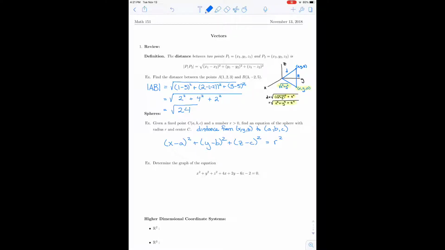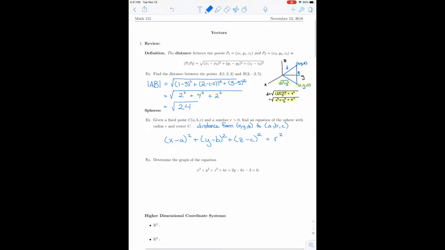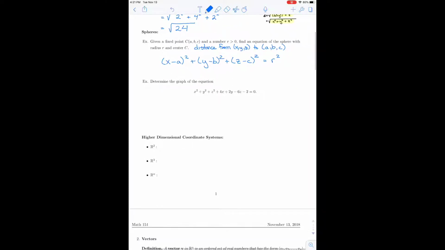Now that is an easy way to specify the equation of a sphere, but you might encounter an equation like this example that doesn't look the same as the format of the equation of a sphere that we had above, but does actually define a sphere.